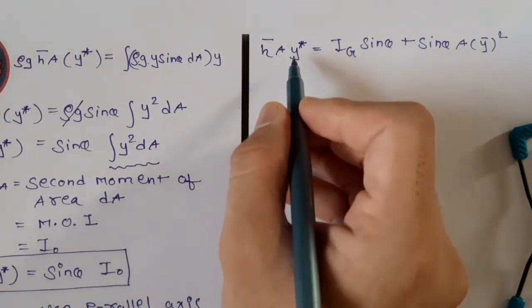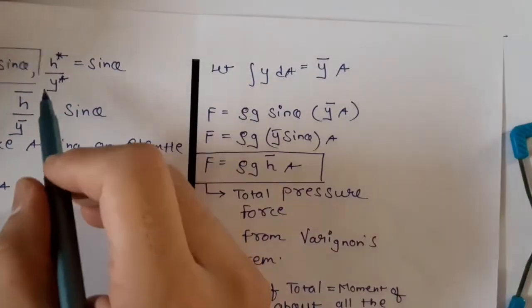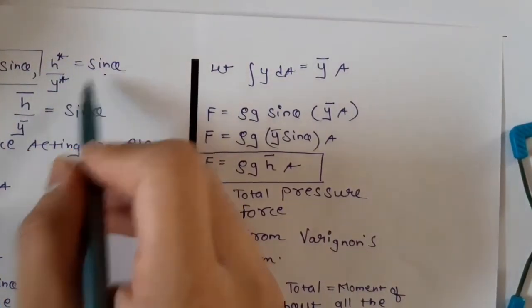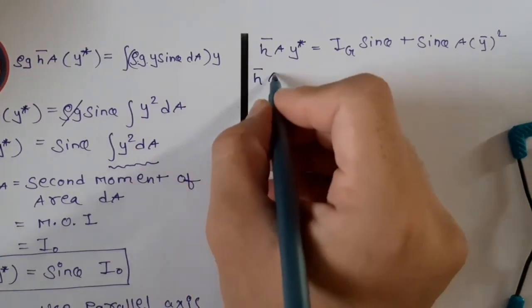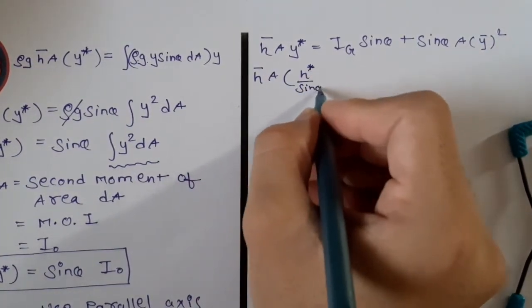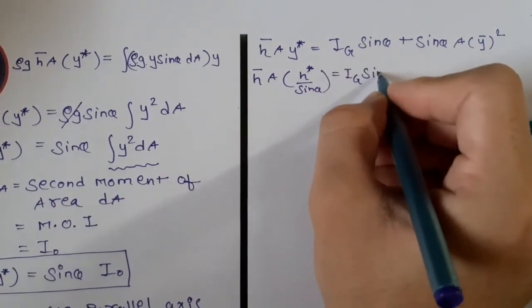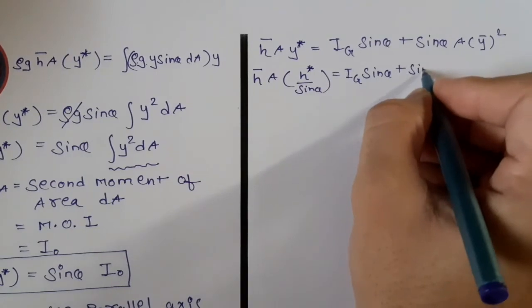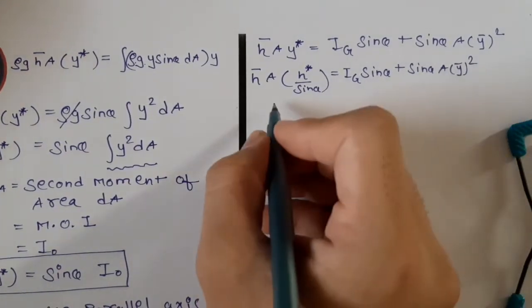Now what is y star? Y star can be written as h star upon sine theta. So this is h bar into A, y star will be h star upon sine theta, which equals IG into sine theta plus sine theta A into y bar squared.